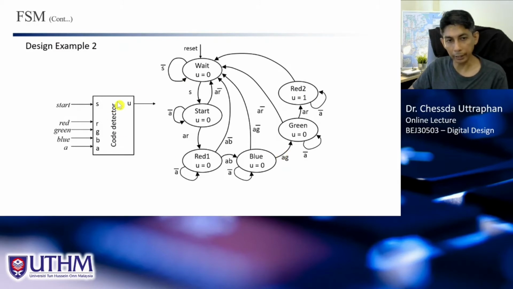Before we can generate the circuit, of course, we need to derive this state diagram, which represents the behavior. So let's look at this. When we reset, when we start our system, we will be in the state called wait. The wait state means that we wait for only one signal, which is the start signal.